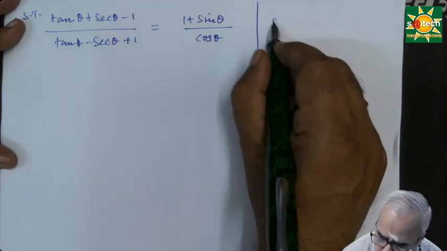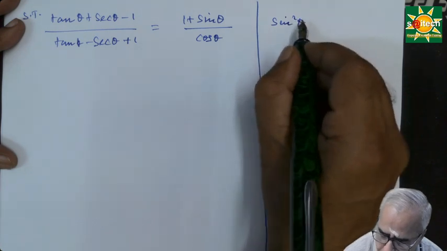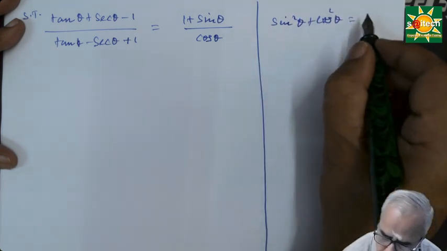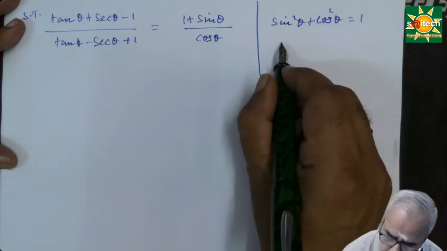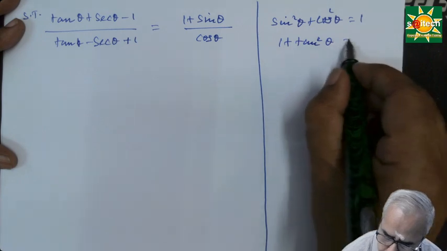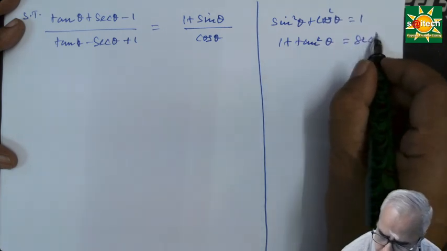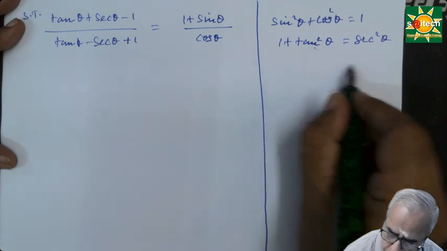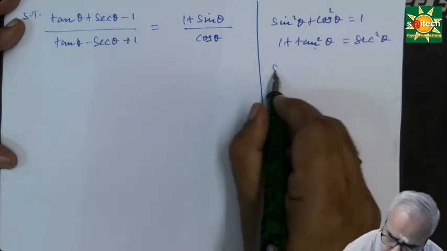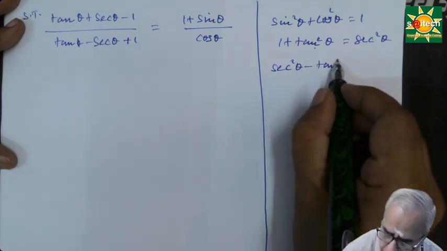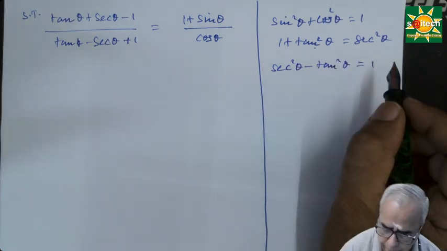We know very well, sin squared theta plus cos squared theta is equal to 1. Another formula: 1 plus tan squared theta is equal to secant squared theta. So now we can bring this tan squared to the other side. Therefore secant squared theta minus tan squared theta is equal to 1.